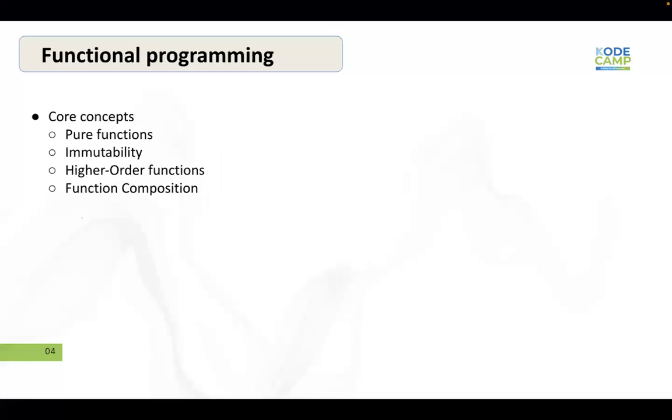So functional programming, let's say it's a philosophy, because you can say functional programming philosophy, something like that. It's a paradigm that treats computation as an evaluation of mathematical functions.